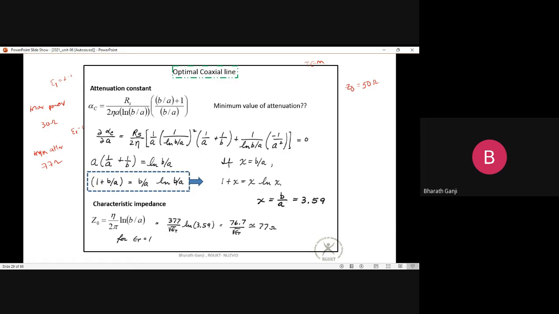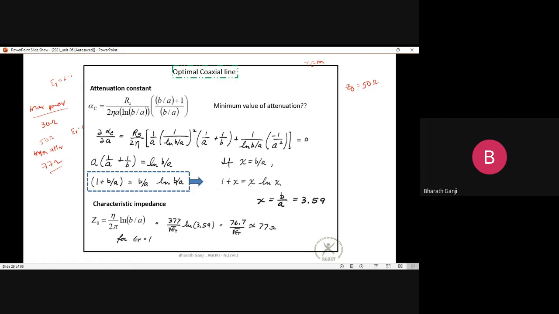Of course, the TV cables might be designed for 75 ohm. There is a different reason for it, but the 50 ohm lines are designed more often, and they are used a lot because it is a kind of compromise between the maximum power and the minimum attenuation. So if I choose a line of 50 ohm, I can have both maximum power and minimum attenuation combined.